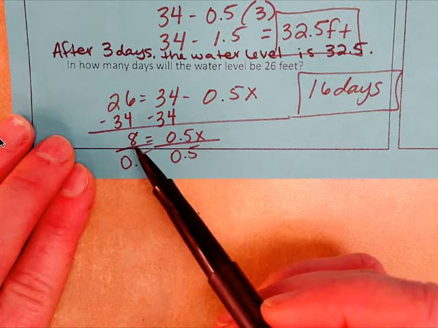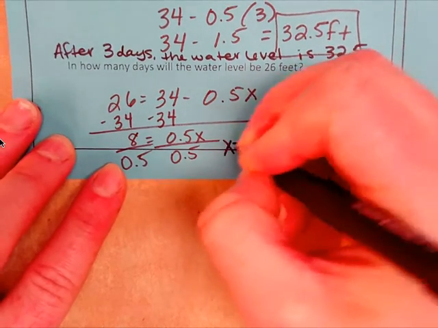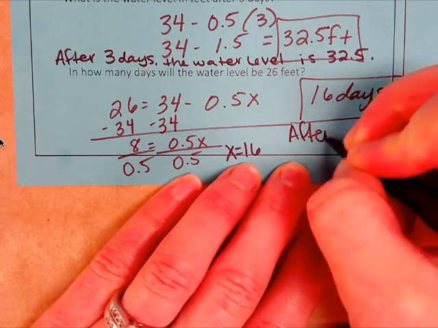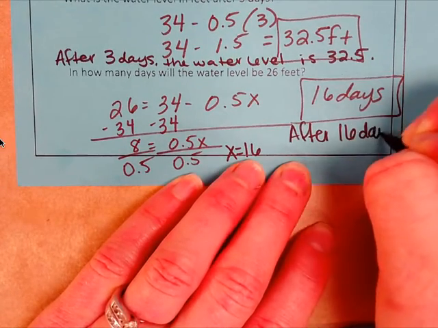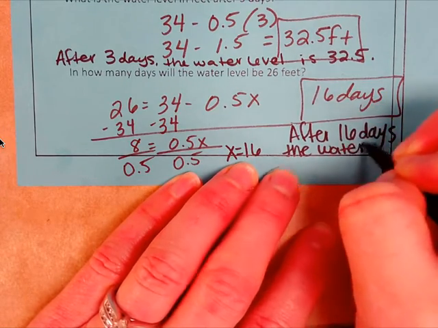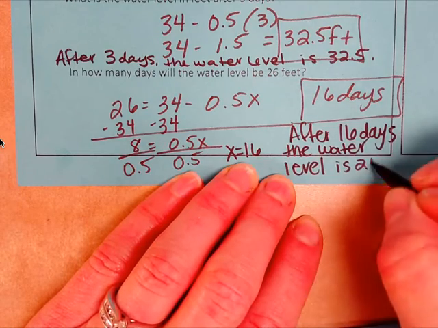And then 8 divided by how much per day, 0.5, will give us 16. So after 16 days, the water level is 26 feet.